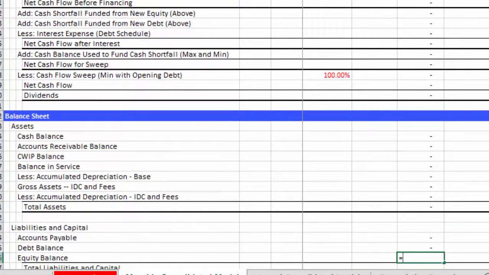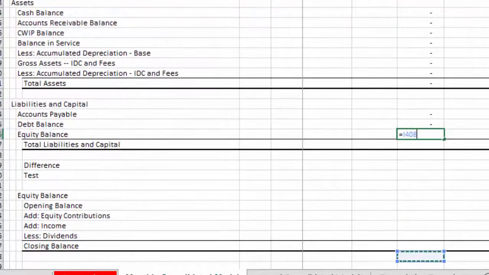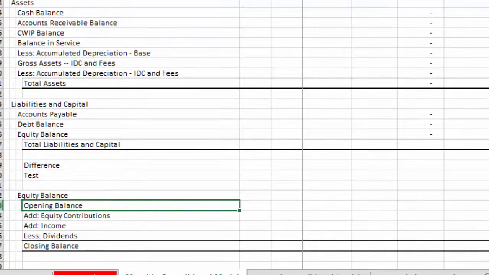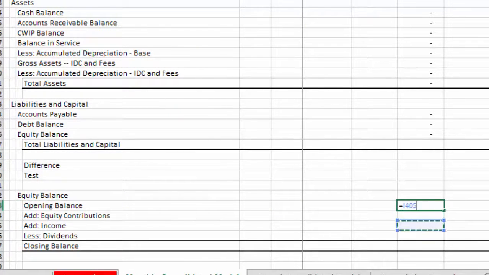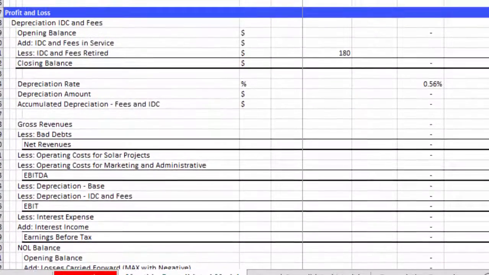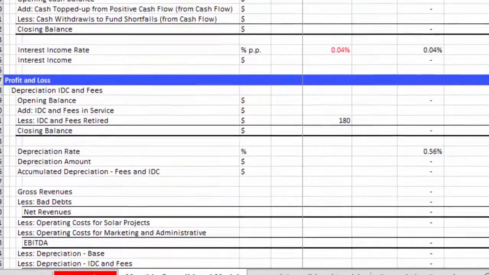And the equity balance is a little bit of an exception because we haven't got that. The reason we haven't got that is you cannot get the equity balance until you know the dividends and the equity contributions and the income, which are part of these statements.